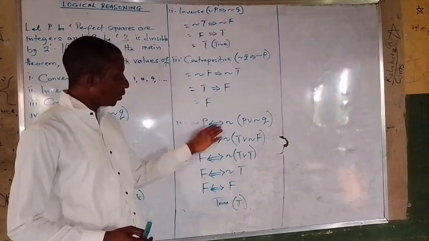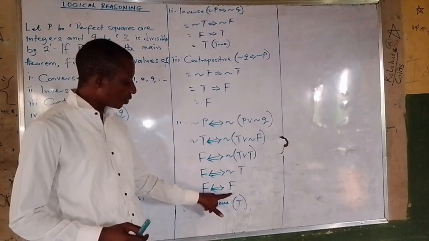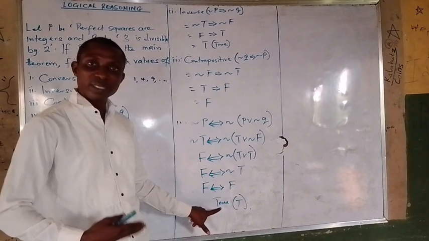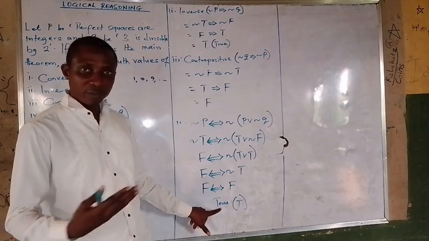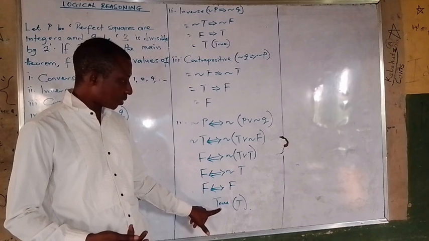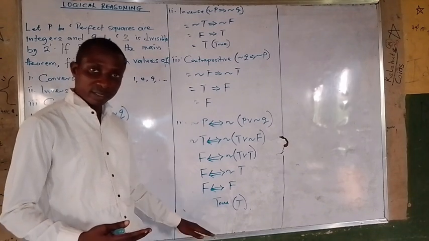You can see the way, knowing that false biconditional false is true. So I need to understand the truth table. You can view the previous class, where we are going to see all of these things.